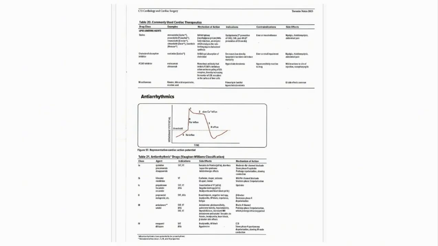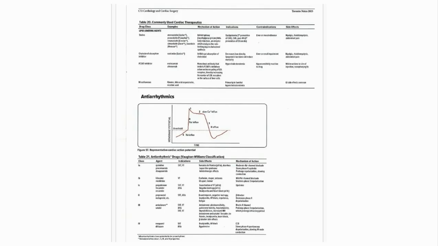Mechanism: a strong sodium channel blockade, markedly slowing conduction. Adverse effects include worsening of ventricular arrhythmias, negative inotropic effect, bradycardia, and heart block.